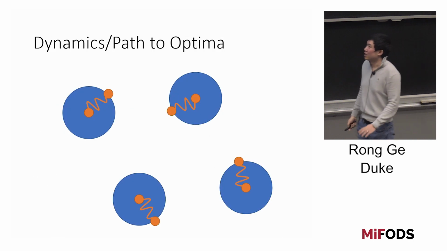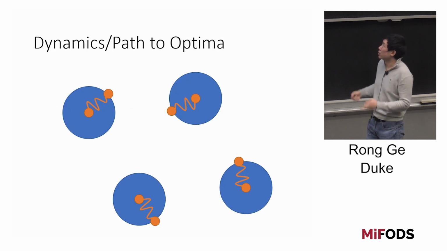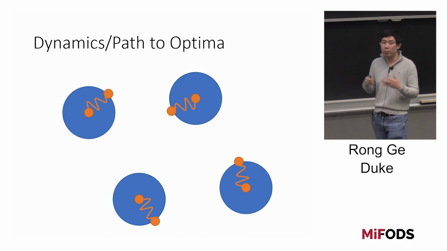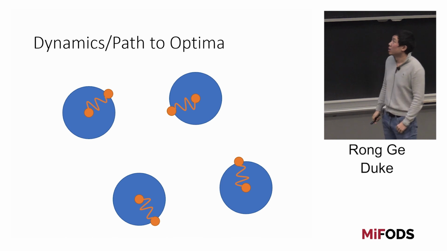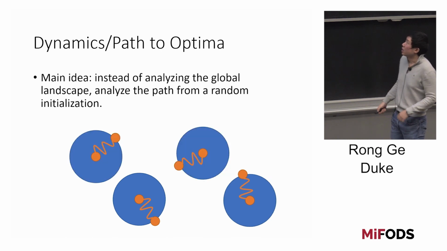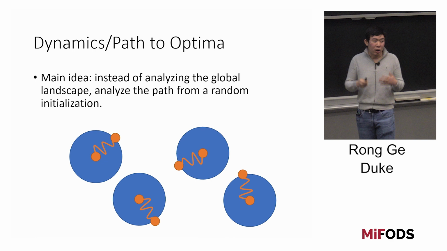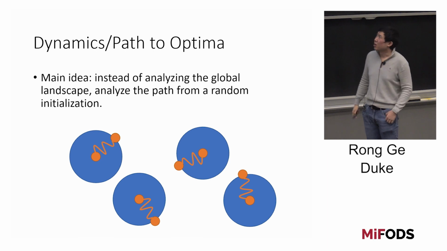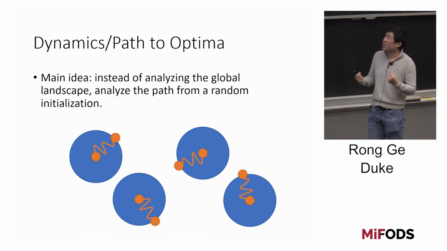So the final attempt that I'm going to describe is to analyze the dynamics of local search instead of the global optimization landscape. So the idea is that instead of analyzing the global optimization landscape, we will try to analyze the paths or the dynamics of local search starting from a random initialization. Okay, so why is this going to be easier?